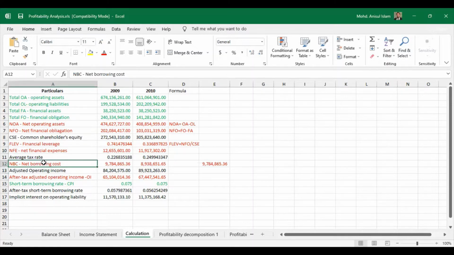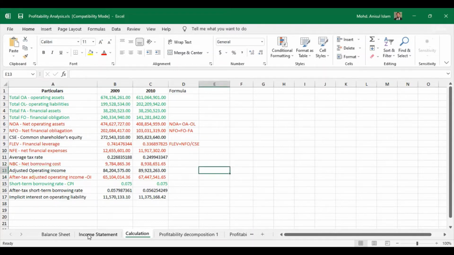So in this way, we are calculating the net borrowing cost, and we also showed it when we discussed the ratios using the net borrowing cost. Okay, so we need to make some adjustment to operating income. Can you recall for what reason we should adjust the operating income?